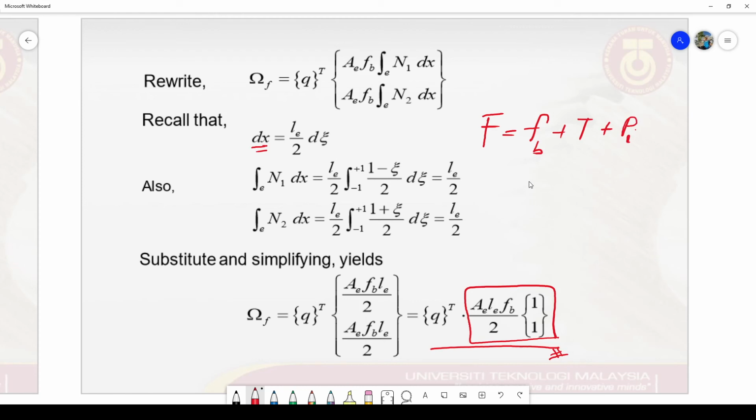The body force can be obtained from this equation, which requires the geometrical information of our structure: A, the cross sectional area, L, the length of the element, and FB, the amount of body force contained in that particular element. Then we divide it by 2 and distribute it equally to the nodal points.